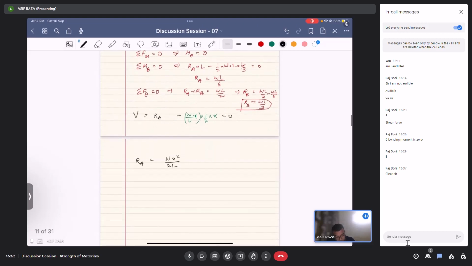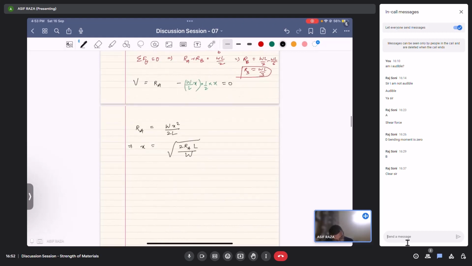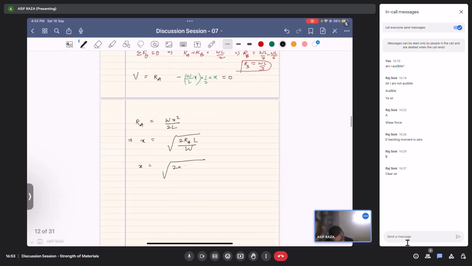Wx square by 2L, and this would give me x as root over 2 RA L upon W. Now let's substitute what RA is. RA is WL by 6 upon W. W cancels out.